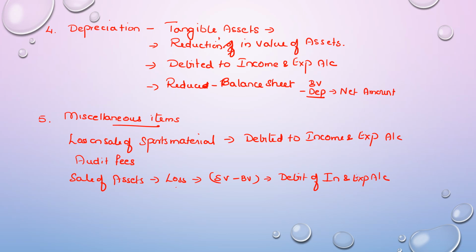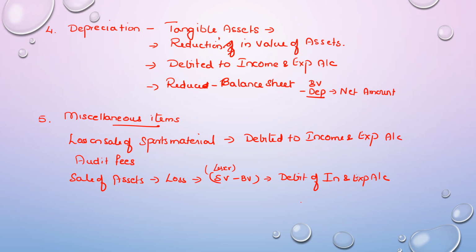Whereas, to the extent of the sale value, the book value in the balance sheet would be reduced and it would become zero, and the loss occurs when the sale value is lesser than the book value. If it is more, obviously it would be a gain and would come on the income side of your income and expenditure account.